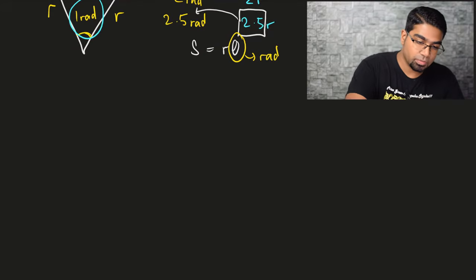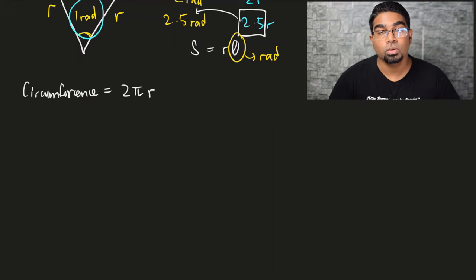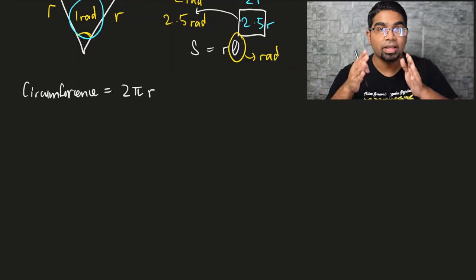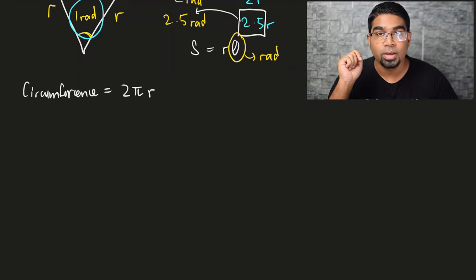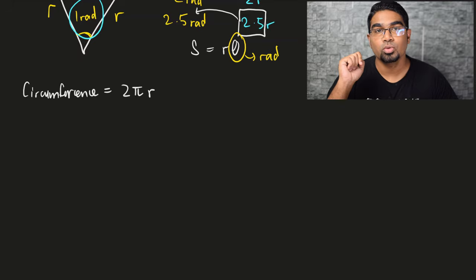The formula for the circumference of a circle is 2 pi r. So we know in one full circle there are 2 pi radii. The number of radii in one full circle is 2 pi, which means the angle of one full circle will be 2 pi radians as well.